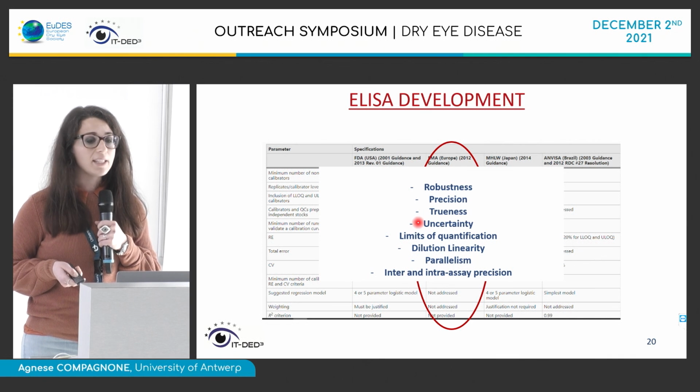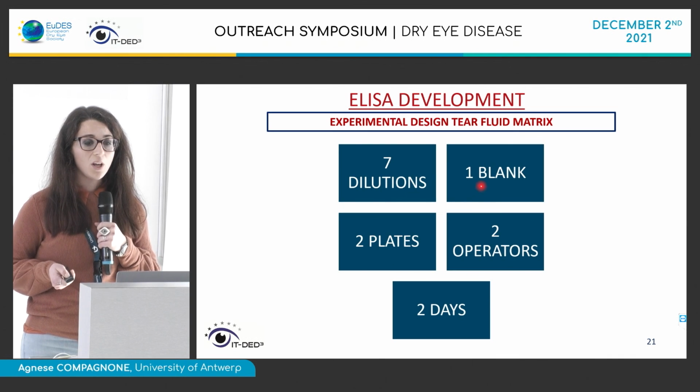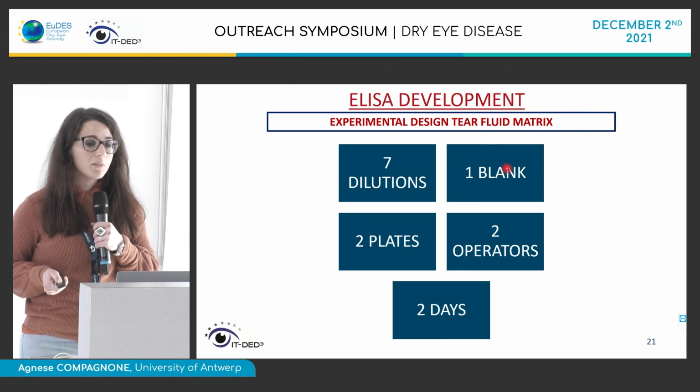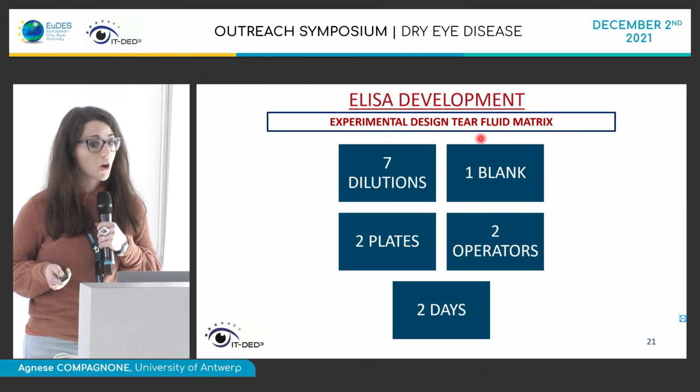But there is the need to use the actual matrix. So for validation, EMA wants you to use the actual matrix that you are going to use for your experiments.